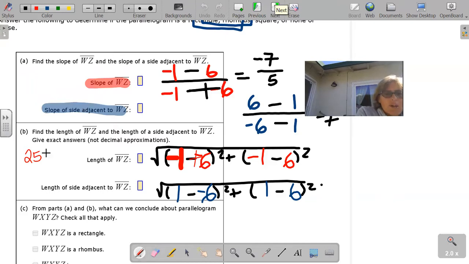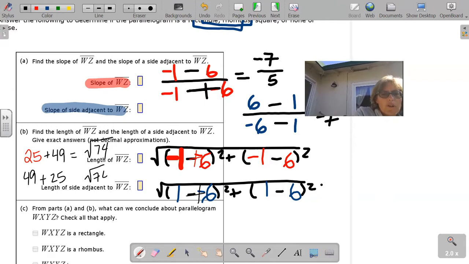And -7 squared, that's 49, which is √74. Double negative makes a positive, that's 7, so that's 49, plus that's -5 squared, 25.